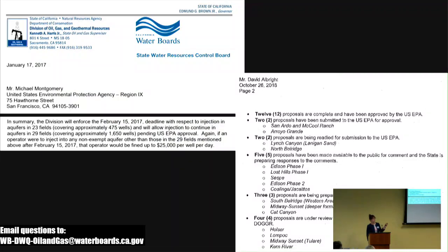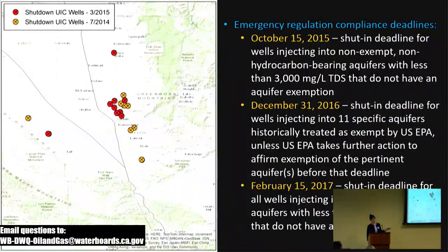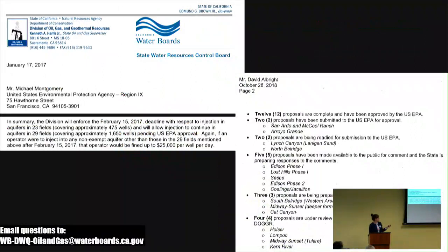The final deadline was supposed to be February 15th, 2017. That was supposed to be the final deadline by which all of these non-compliant wells were supposed to stop injecting. But DOGGR and the Water Board requested more time and chose not to enforce that shutdown deadline for approximately 1,600 wells covering 29 aquifer exemptions, or 29 fields.